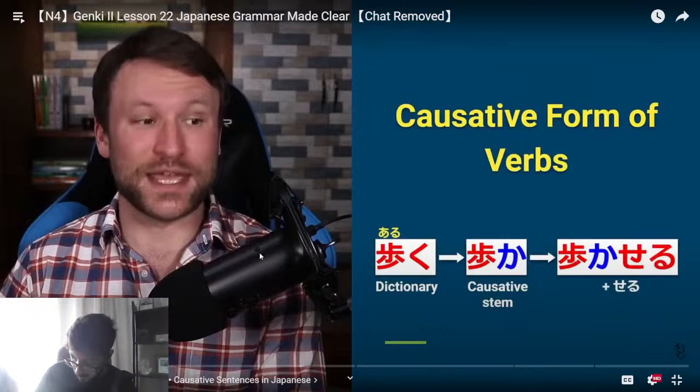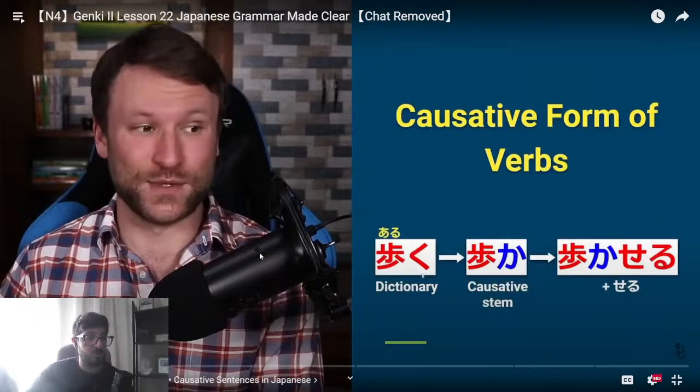Kaseru is the causative stem. Causative stem, plus seru. Wait, so seru. Seru. Okay.